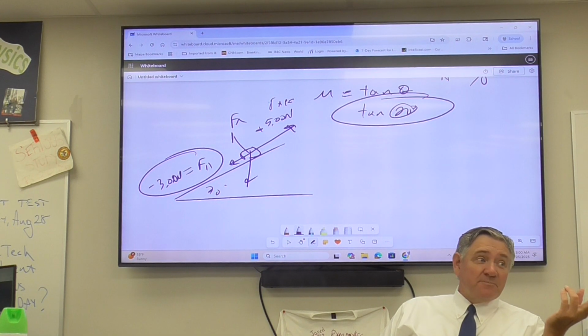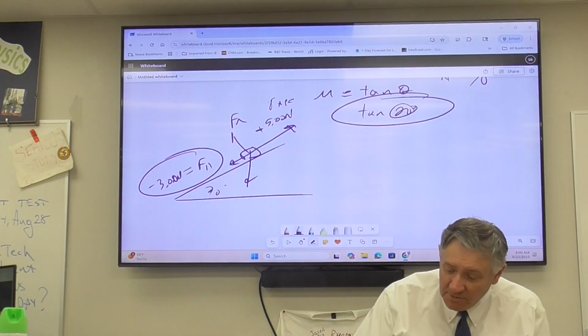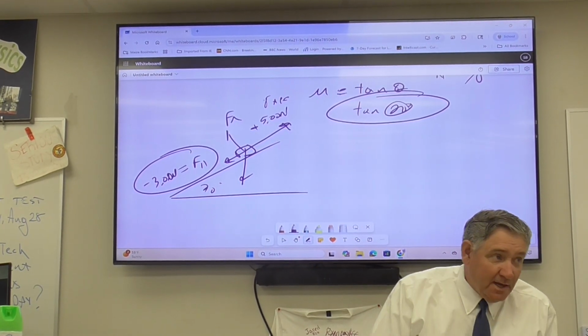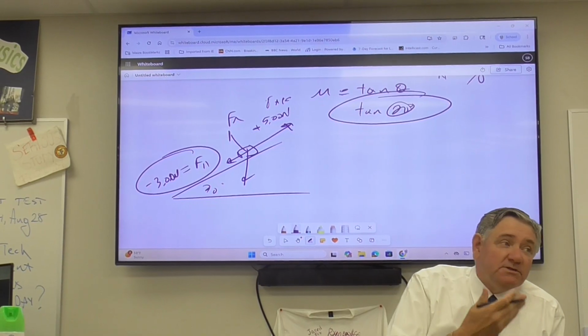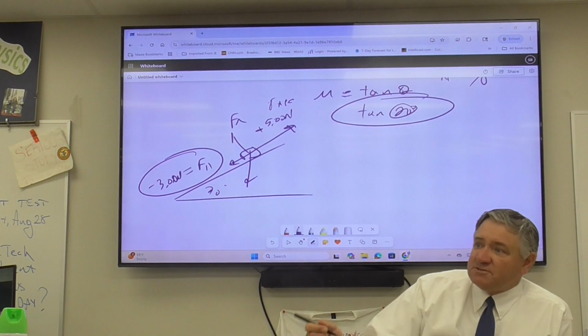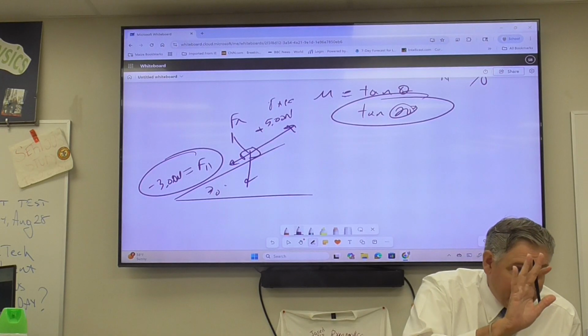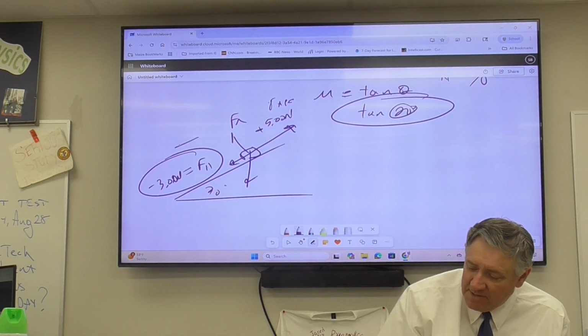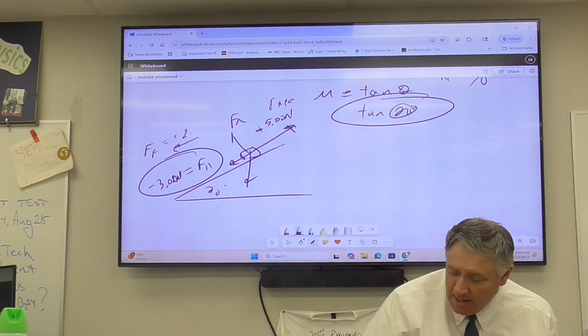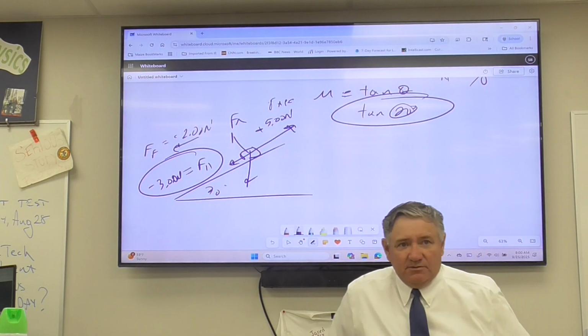Because net force is 0. So you're trying to pull this up the hill. Big Tony and Joey are going, we need to talk to you. You're a good boy. So you've got the force parallel going down at -3. Then your force friction is going to be the difference between those two, to pay off the Frictional Mafia. And that's going to be -2 newtons.